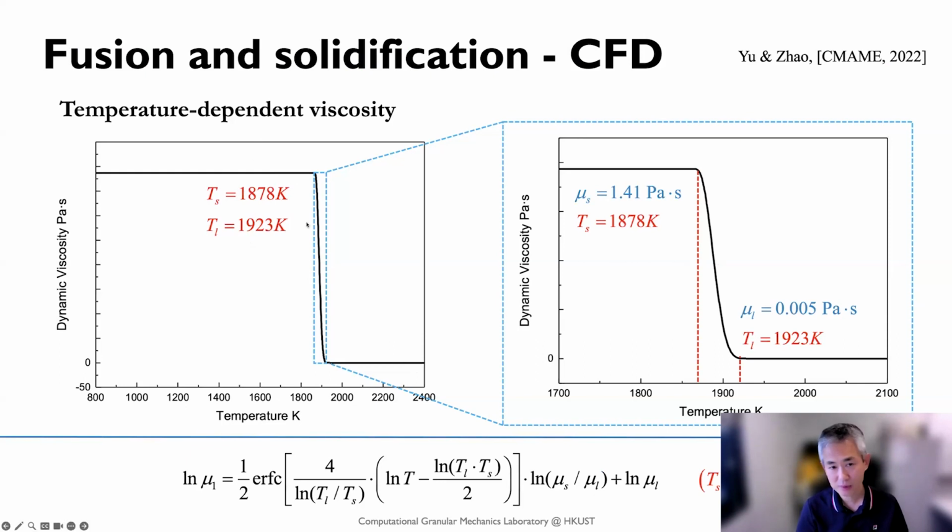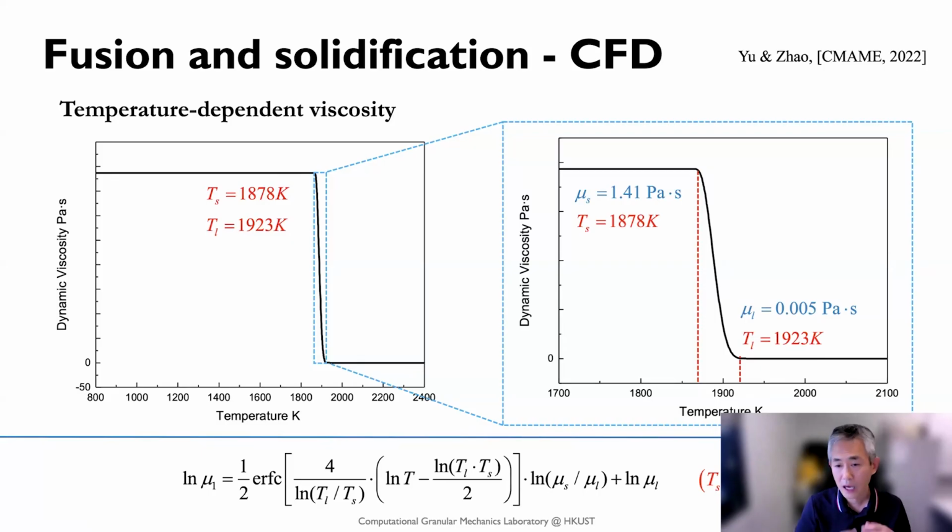According to experimental determination, we have a so-called fusion zone at a certain temperature, for example around 1900 K. There we transform the viscosity of the fluid model to a typical high viscosity representing a solid, and to a low viscosity for a liquid. Of course, we can do it the reverse way for solidification.